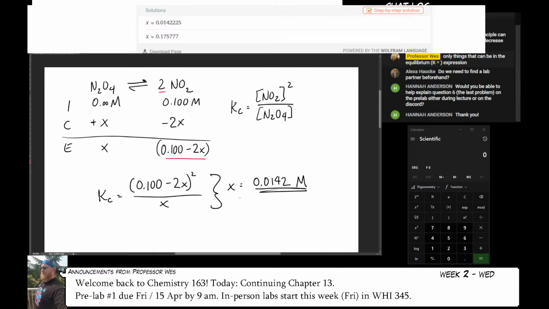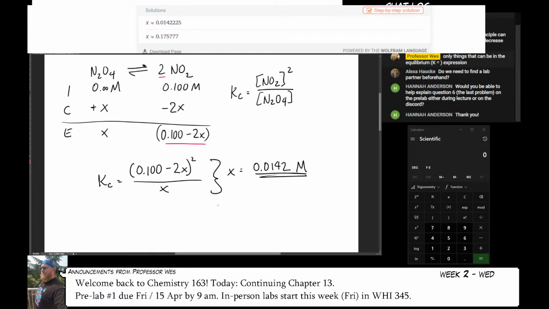So if X is this, then what that means is that the amount of N2O4 in the solution would be X at equilibrium. And the amount of NO2 would be 0.1 minus 2x.